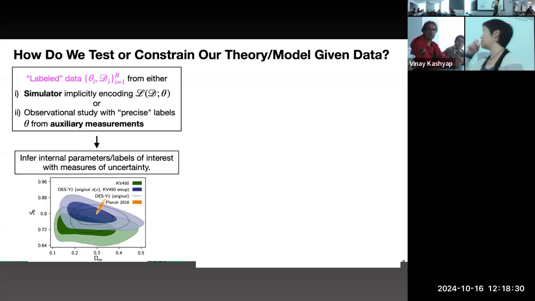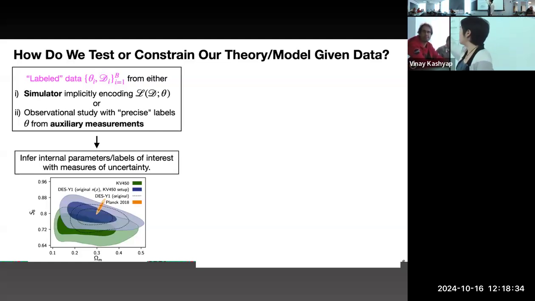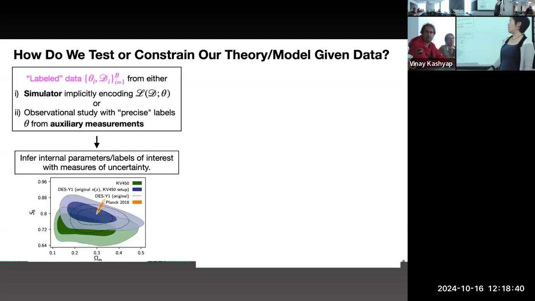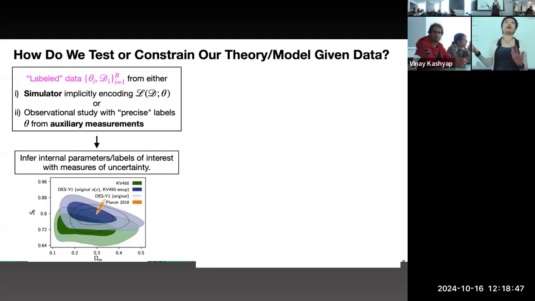In both cases, we have access to labeled data for some of the data, so pairs of parameters of interest and your observable data. From that, we want to infer the parameters and measures of uncertainty.